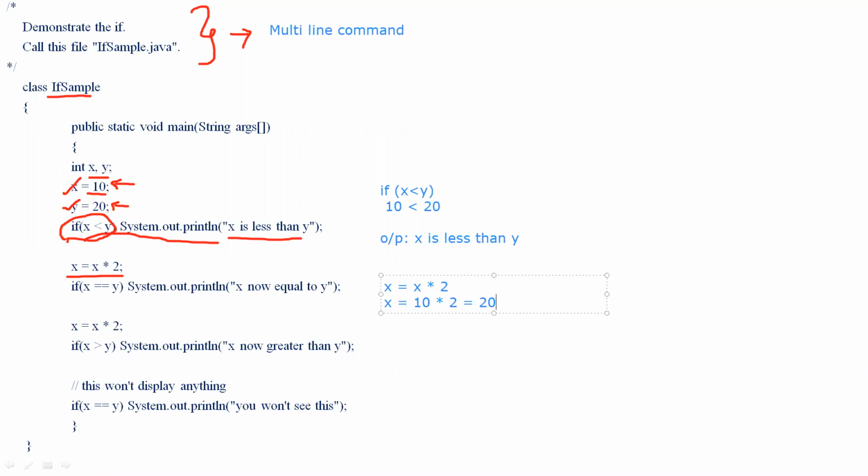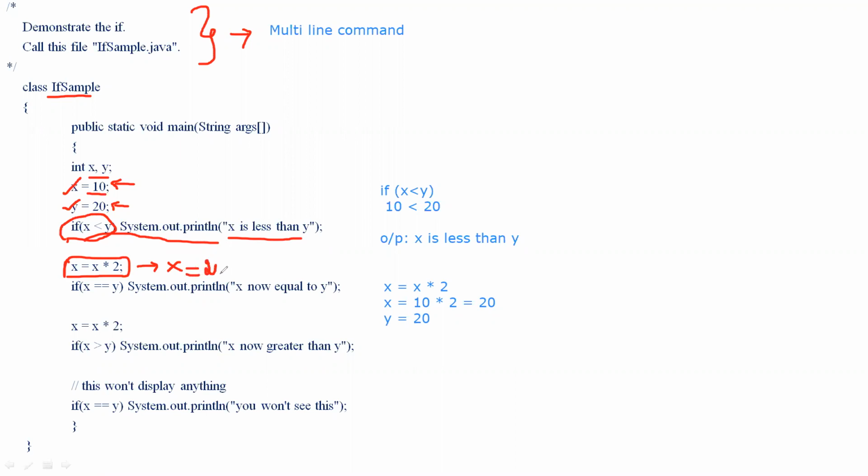So now the value of x is 20, and we know that the value of y is also 20. By performing this operation, we get the value of x as 20.